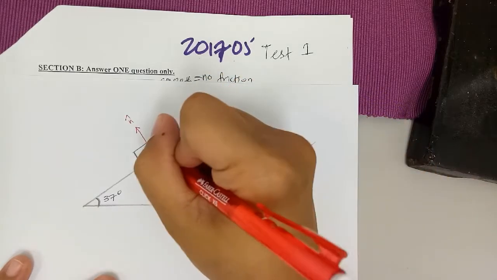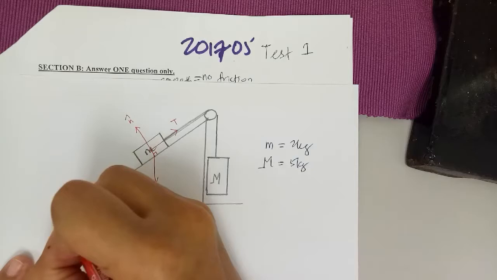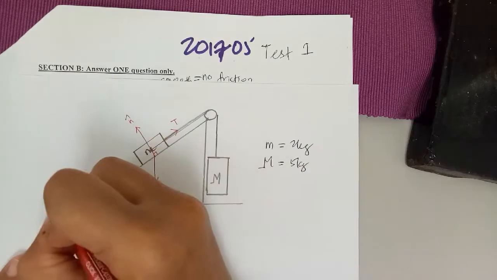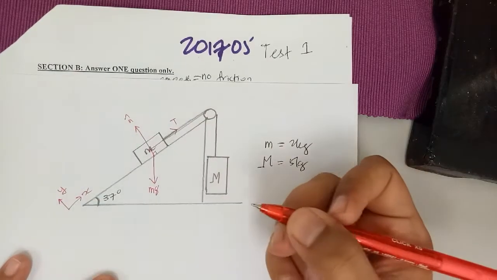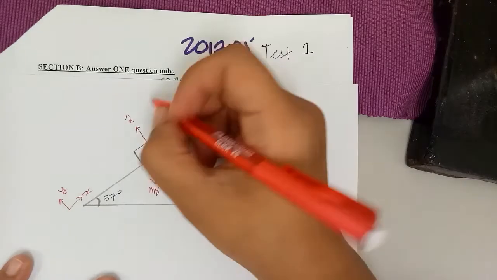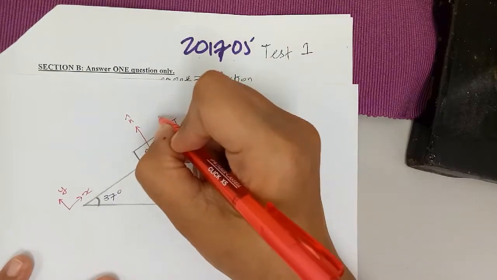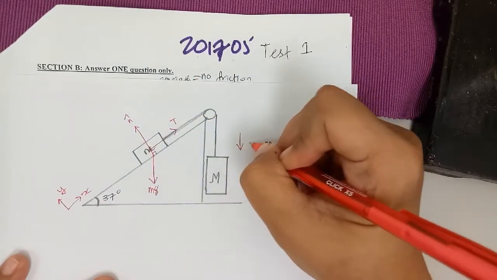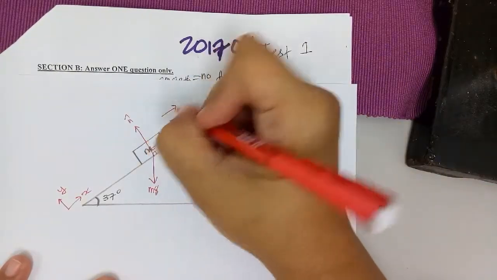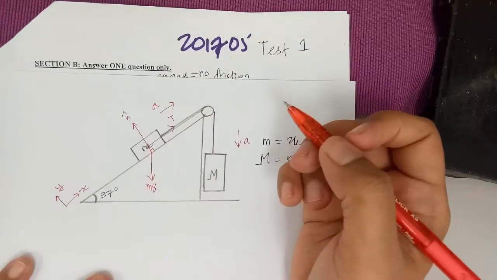Block m is also supported by a tension. Before that, maybe we can define our axis. Since there is no friction, if we had friction, it would be directed this way, since the movement is here and friction always opposes motion. In this case we don't have any.